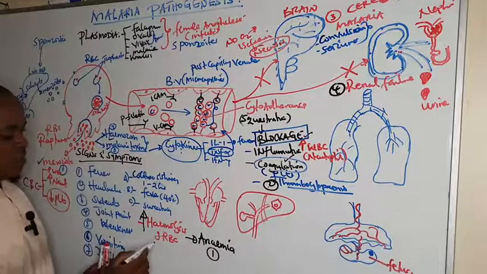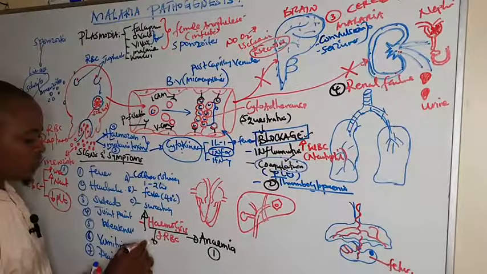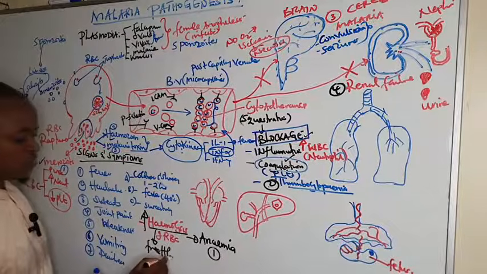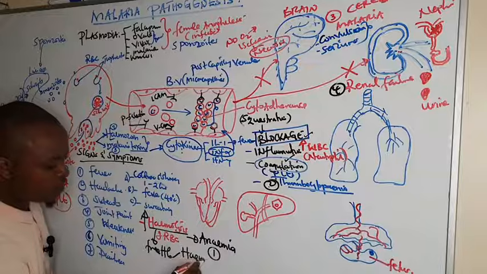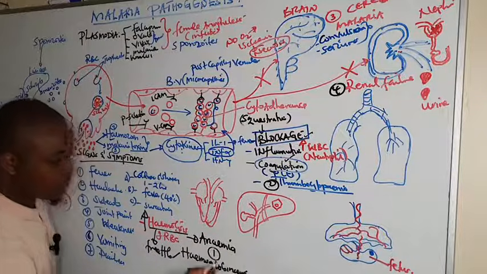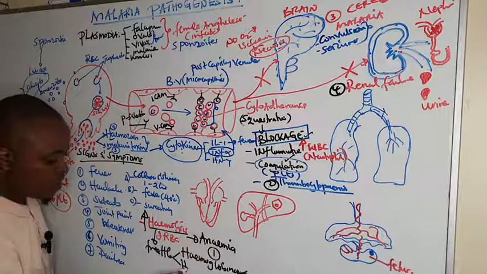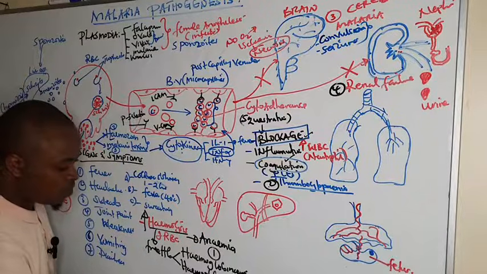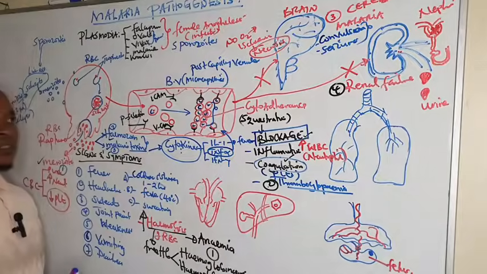Another thing, increased intravascular hemolysis is going to lead to release of free hemoglobin in blood, leading to a condition known as hemoglobinemia. This hemoglobinemia can result in hemoglobinuria, that is presence of free hemoglobin in urine.